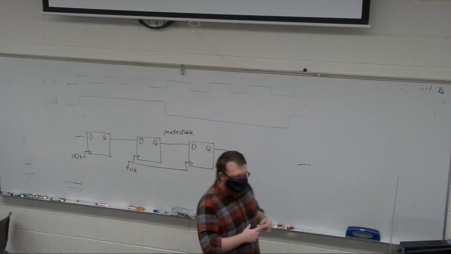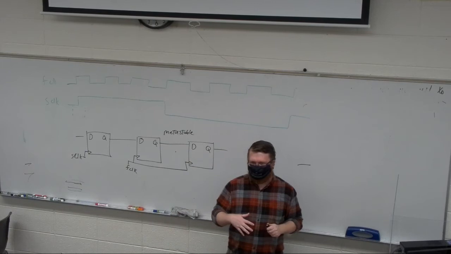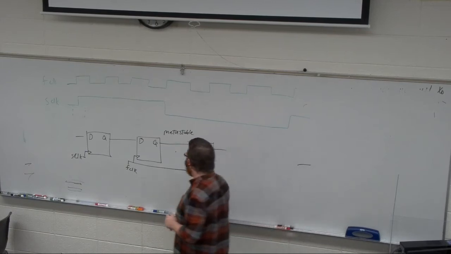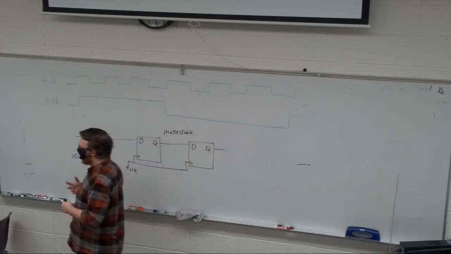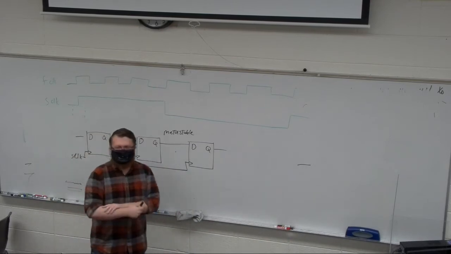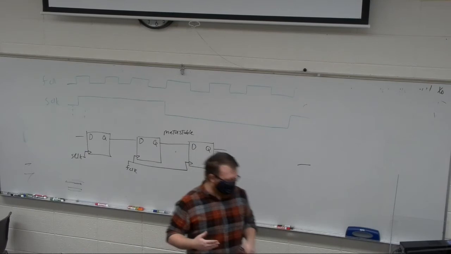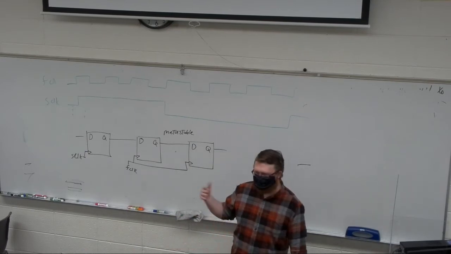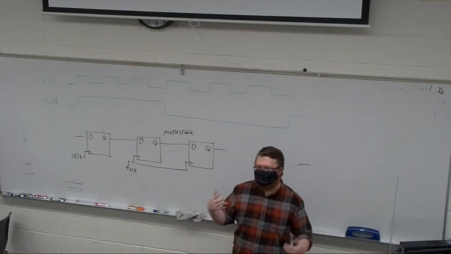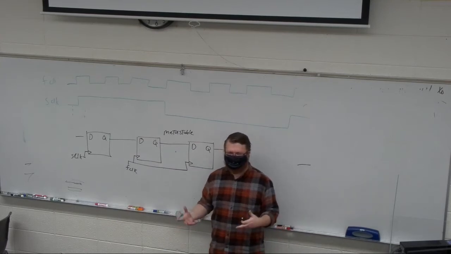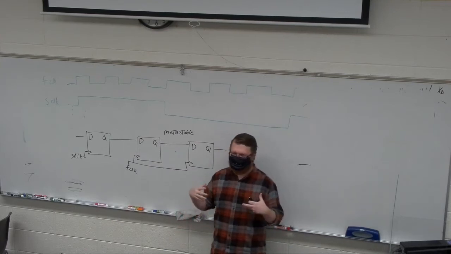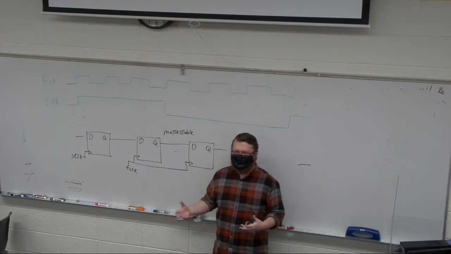Now, if we want to go fast to slow, we have a couple of different choices that are okay, right? So when we go from fast to slow, we again probably want to use the fast clock as our reference, because it's easier to execute when we're thinking in the fast domain.